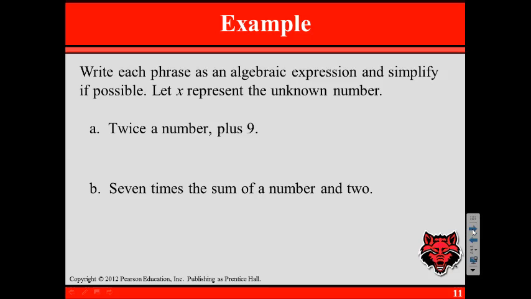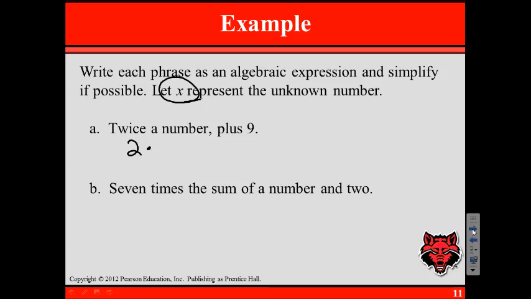Now that we know how to use the distributive property, how to combine like terms, let's write each phrase as an algebraic expression and simplify if possible. Sometimes it will be possible, sometimes it will not. So let's start with example A, twice a number plus 9. Twice means 2 times. Remember, x will always represent the unknown number in these particular problems.